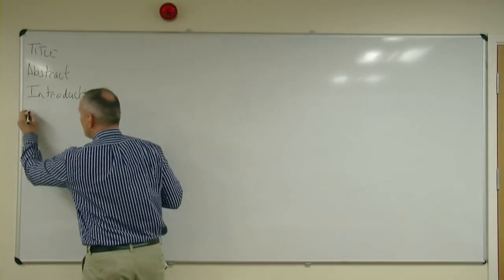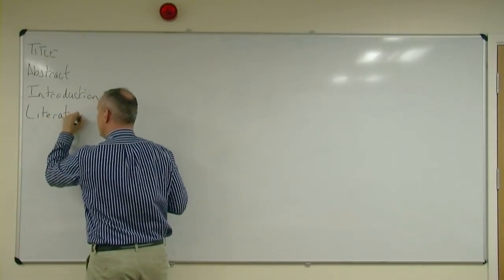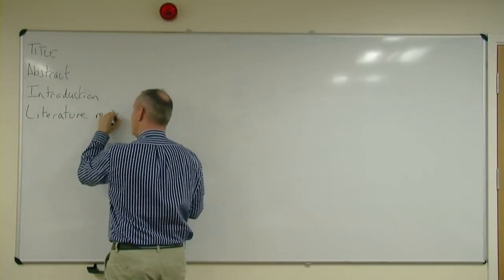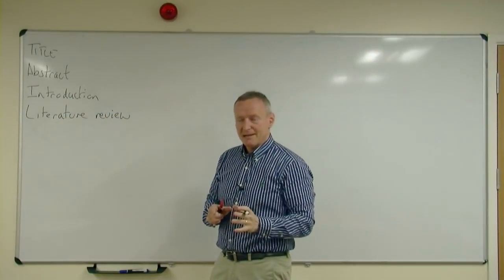After your introduction, what you have is your literature review. Now, once again, from experience, and I've read many theses, many dissertations, students tend to, because they've got such easy access to the internet and electronic journals, and also through your university intranets, there's potentially too much information out there.